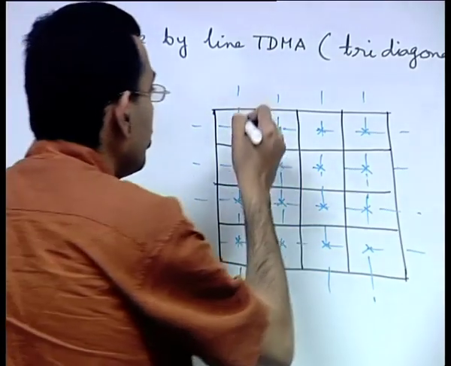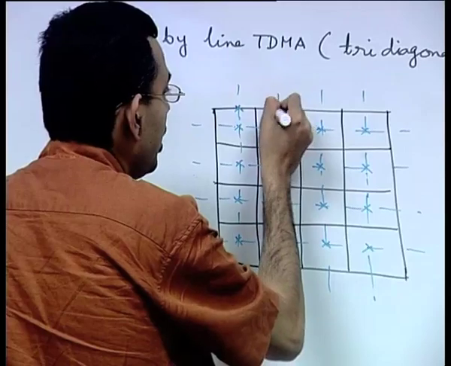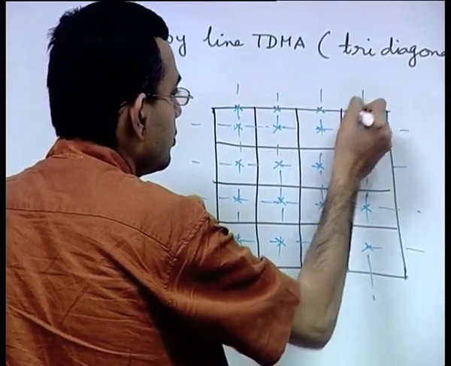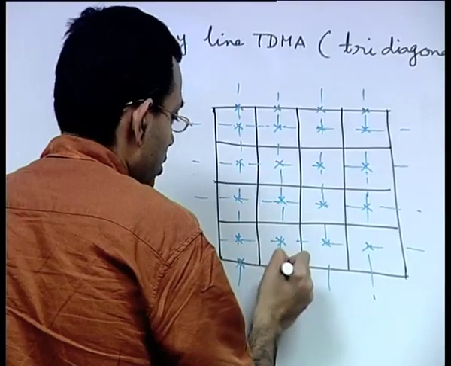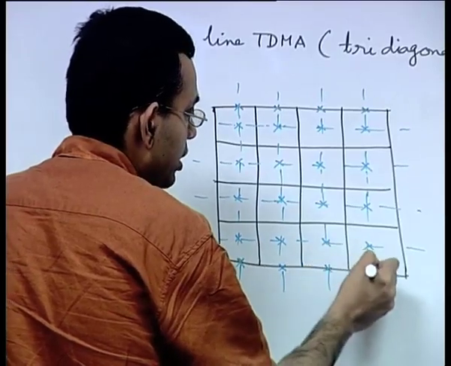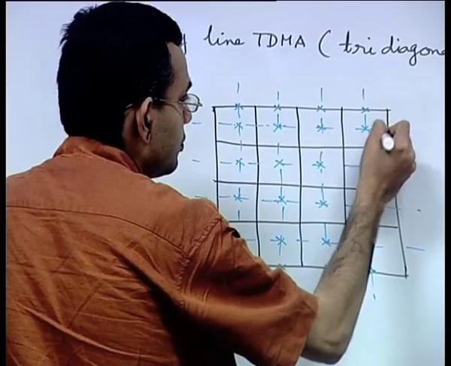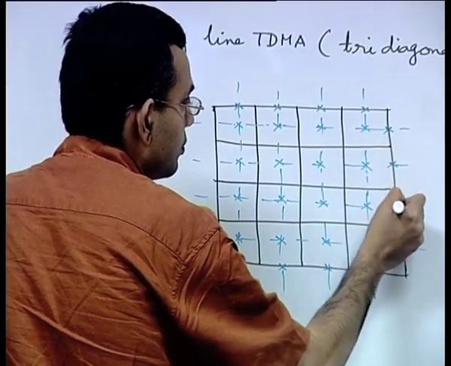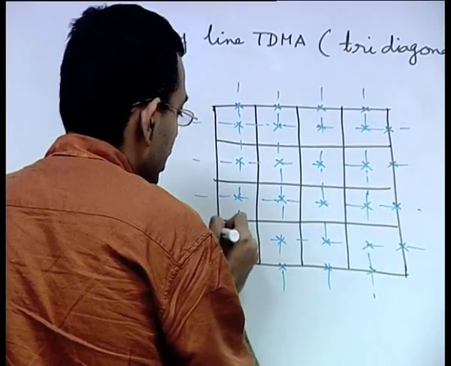Plus you also include grid points at the boundary to incorporate the boundary conditions. These points are also located on the grid lines.